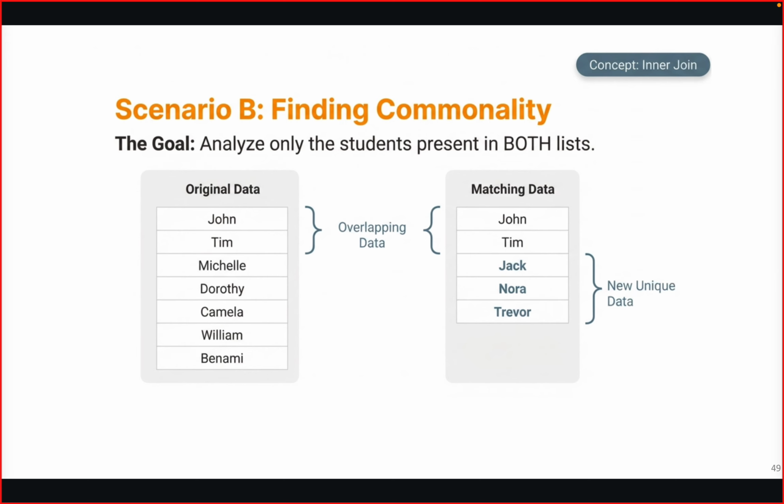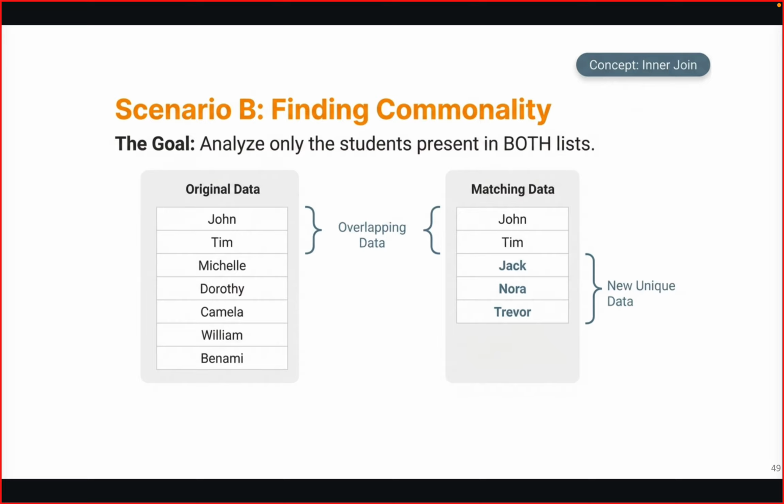So finding the commonality, you can see we have original data and matching data. You can see John and Tim. This original data, this matching data.